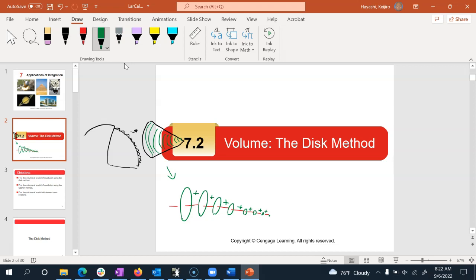It's very similar thinking to how you might break down an area into a bunch of little rectangles. That's where the integration comes in, because you're adding up an infinite number of infinitely thin little things. The only difference is you have to account for the fact that these are circles or disks in shape.